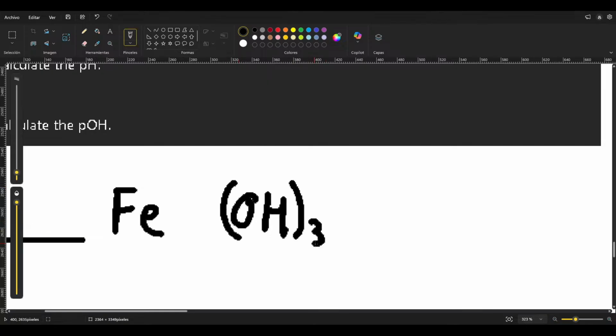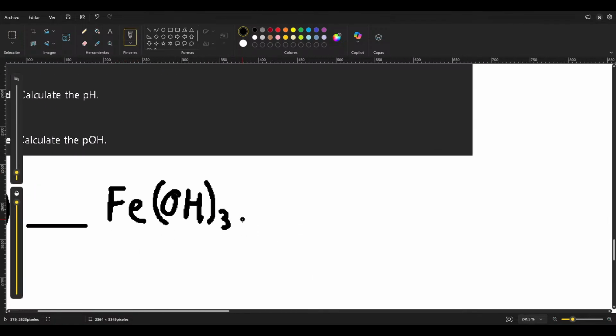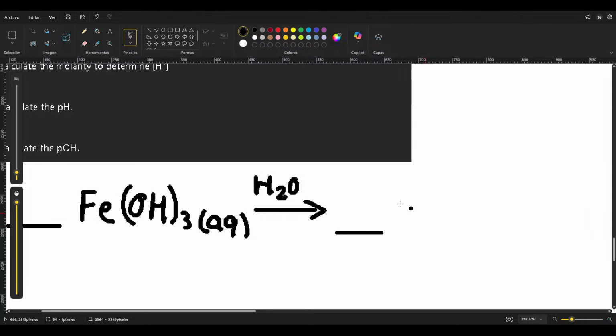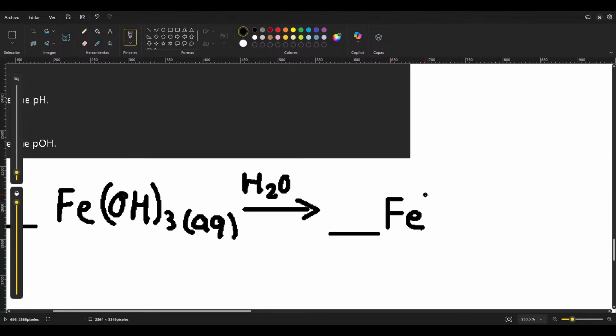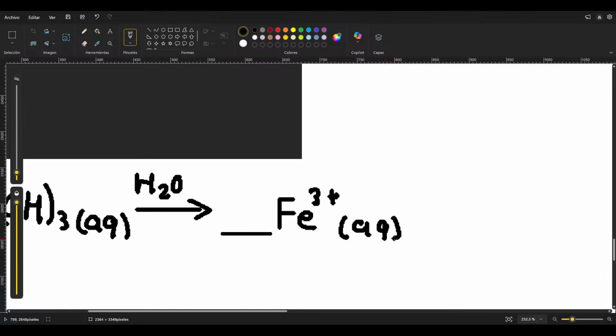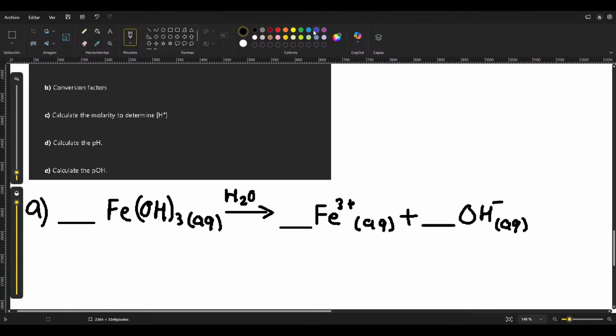So basically like this. And this is always in aqueous state. So this dissolves in water, and it's going to dissociate into iron 3 ions, aqueous, plus OH minus, aqueous.